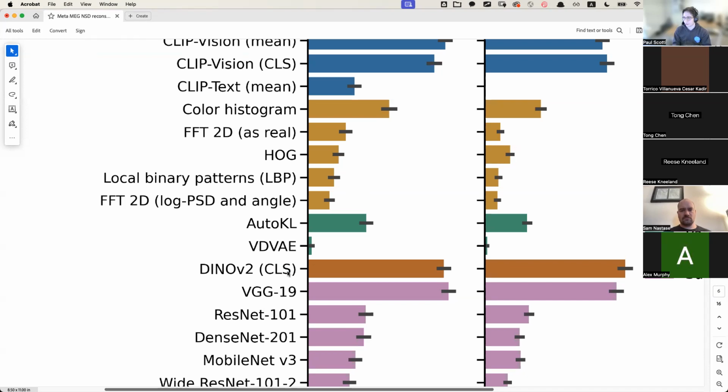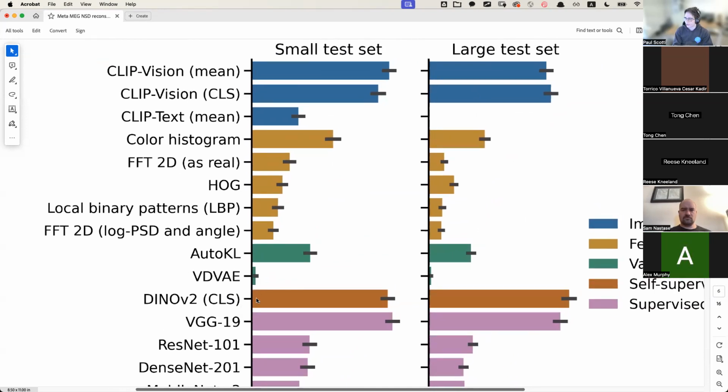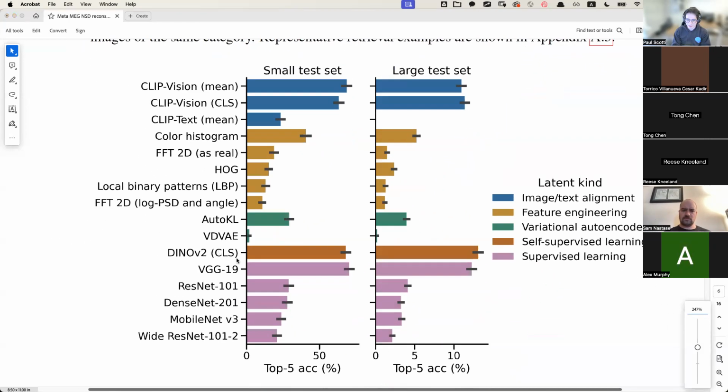Retrieval is way better when you map to the last hidden layer rather than the pooled last layer classification token, so I'm surprised that they're specifically mapping to the CLS here. And they're concluding we can't really decode the low level stuff, but they're only mapping to the high level class token, if that makes sense. I think they could have improved their performance a lot by not confining themselves to just the last layer output of these models. And maybe that explains why VGG19 does better than DINOv2, at least in the small test set.